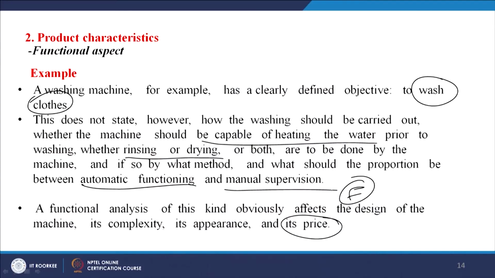So this is important. So there are functions and these affect the price, and that is the basic concept of value engineering, and that we want to study, how value engineering aspects help us to modify our product design, because all these functions are going to affect the complexity, appearance, and the design of the product.